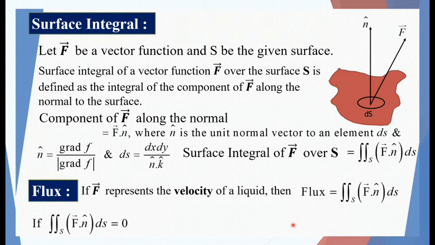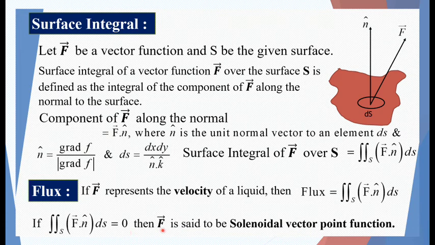And if this double integral over S of vector f dot n cap ds is equal to 0, that is, if the flux of a liquid is equal to 0, then vector f is said to be a solenoidal vector point function.